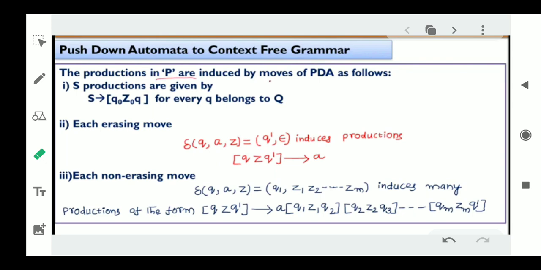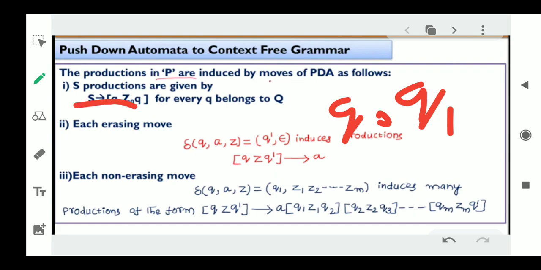Now we will understand that, suppose, in the given PDA, we will observe totally how many states are there. If suppose only two states are there, Q0 and Q1, then for every state we have to write this production form. First we will substitute Q0 in the place of Q, and after that we will substitute Q1 in the place of Q. So what productions will we get if both Q0 and Q1 are the states?